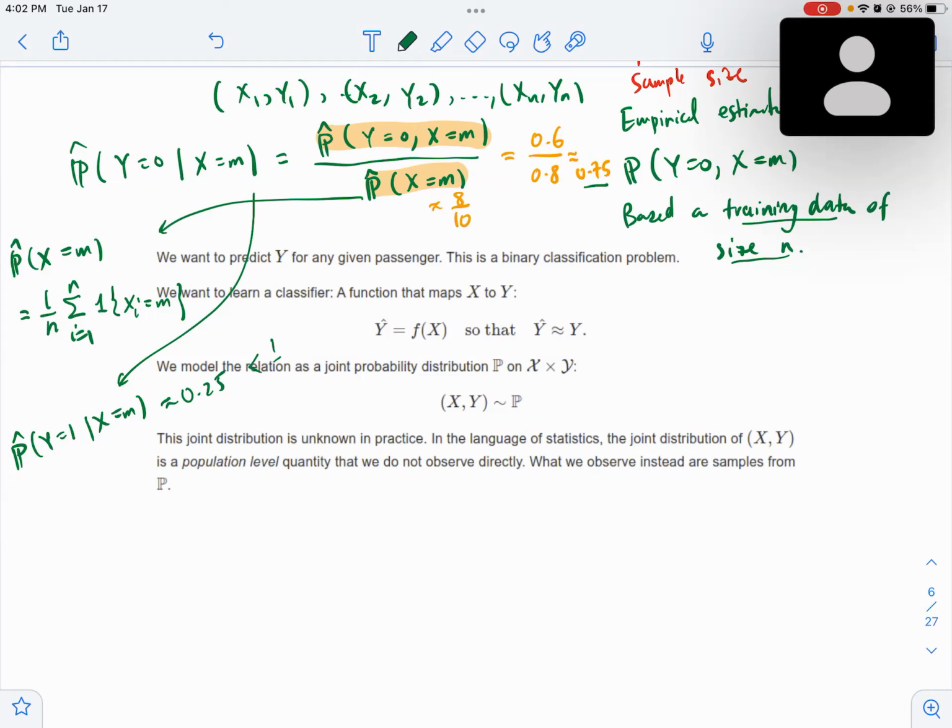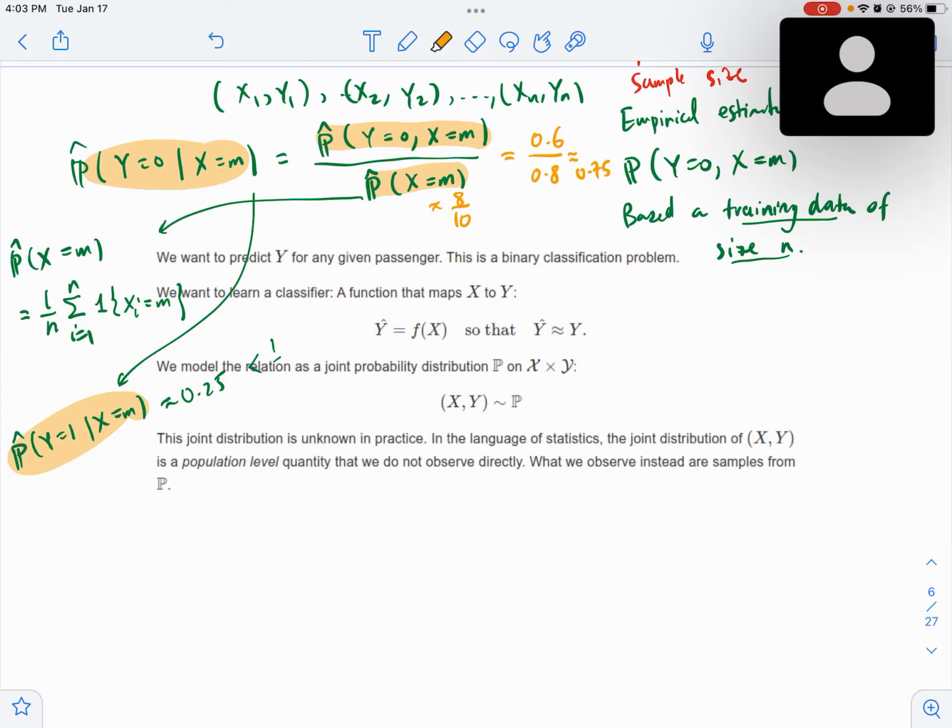Although this probability is not exactly the right probability. This should be like 0.81, and this should be 0.19 if you observe many more samples, but it doesn't change the nature of the decision because they're still on the right side of 1/2. So my decision for the case x equal m is still that they don't survive, right?